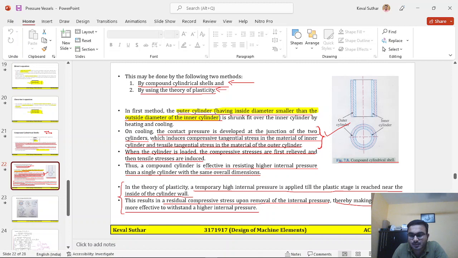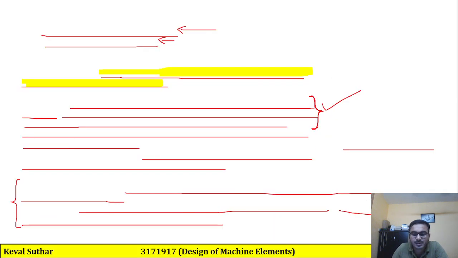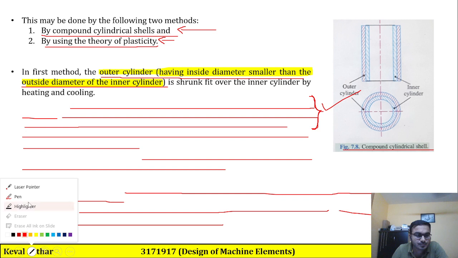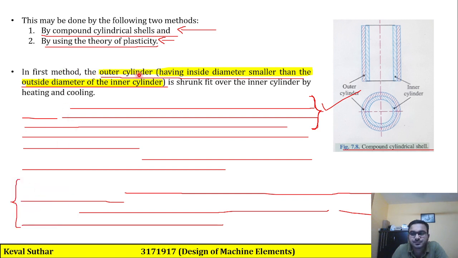So in the first method, the outer cylinder, which has an inside diameter smaller than the outside diameter of the inner cylinder, is shrunk fit over the inner cylinder by heating and cooling.